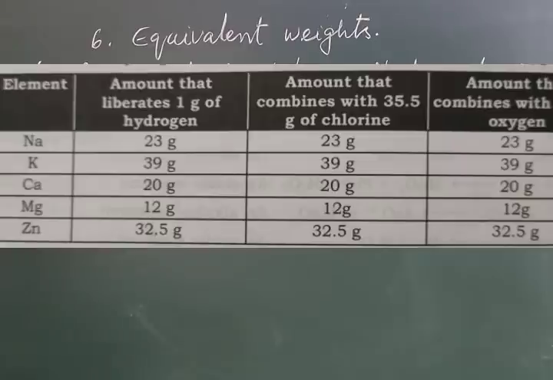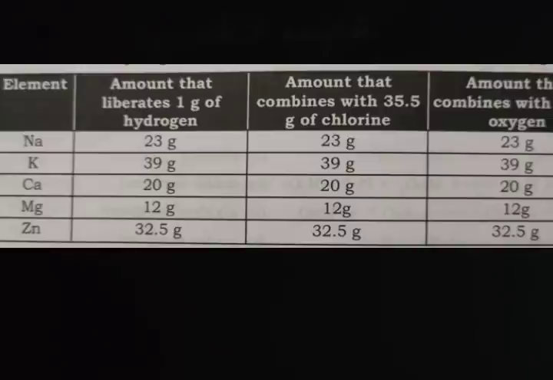Okay, that means 1 gram of hydrogen is equivalent to 35.5 grams of chlorine, that is equivalent to 8 grams of oxygen, that is equivalent to 23 grams of sodium, that is equivalent to 39 grams of potassium, that is equivalent to 20 grams of calcium, that is equivalent to 12 grams of magnesium, that is equivalent to 32.5 grams of zinc. Okay.